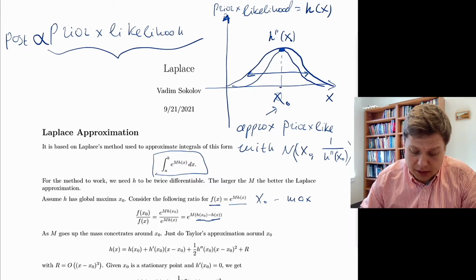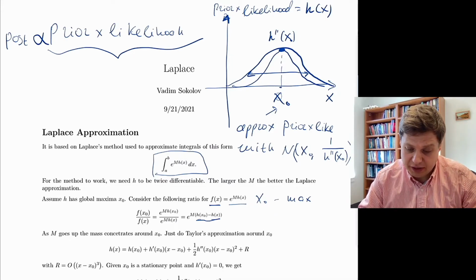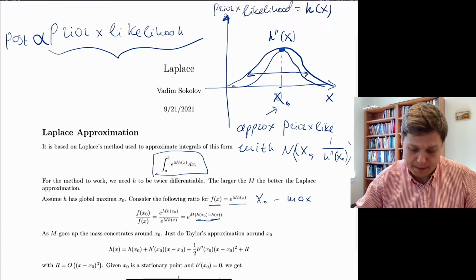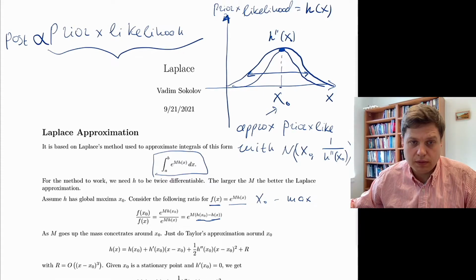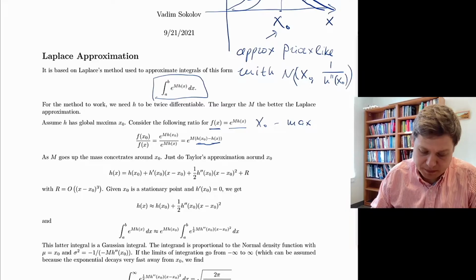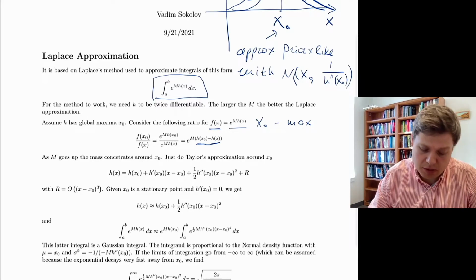All right. So then let's look at the Taylor expansion of h(x). And we will do the Taylor expansion up to the quadratic term. We're going to do the expansion around x0, around the maxima point.